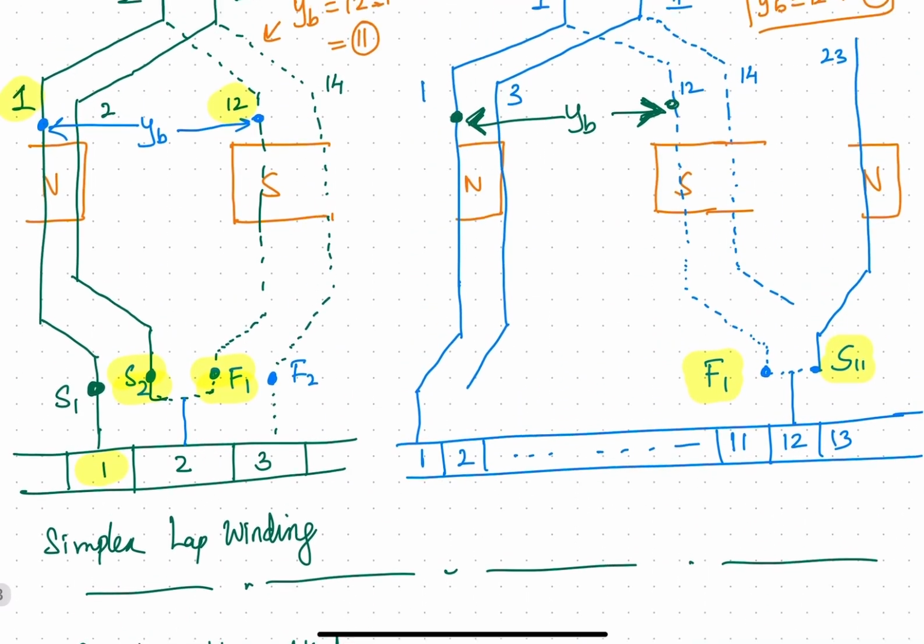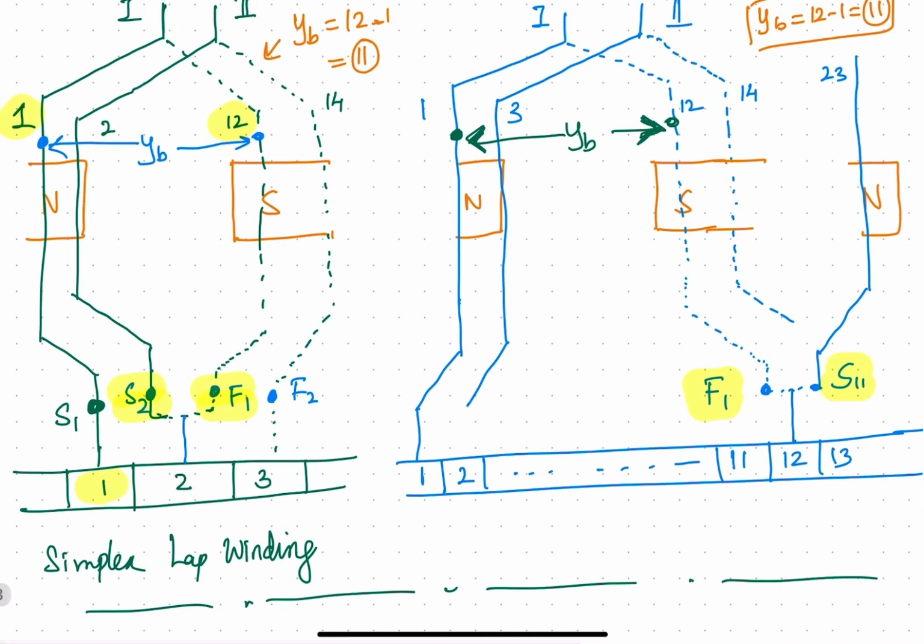So if you take a look at this winding, this coil side and this coil side, they are connected to the same commutator segment number 2. So the distance between these two is known as the front pitch. It is denoted by YF. This is the front pitch.